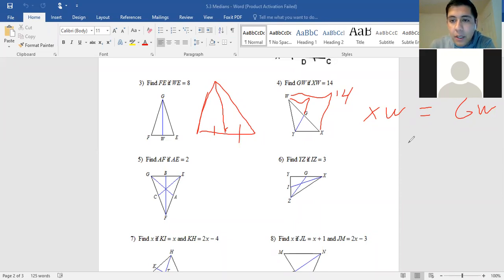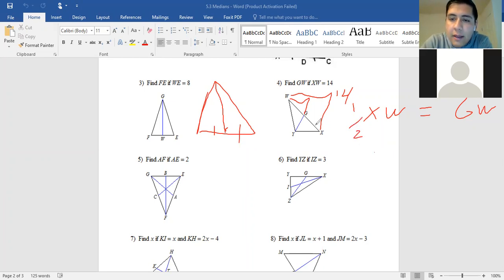Half of it, right? Half of XW is equal to GW. Or we could also say that 2 GWs are going to give us XW. Either one works, okay? Let's just go with half.